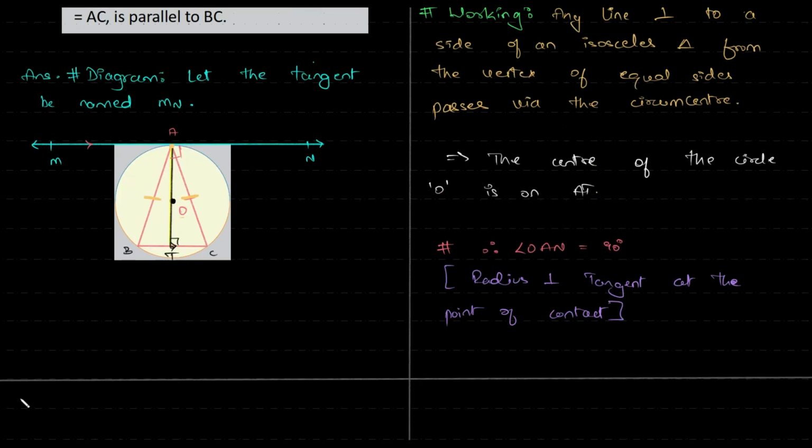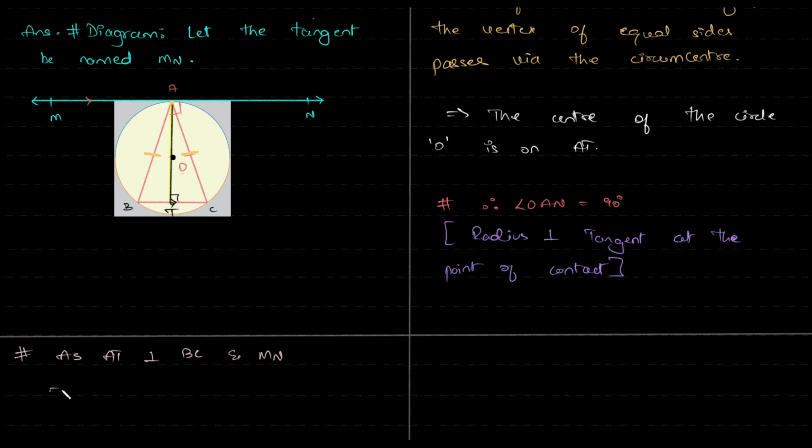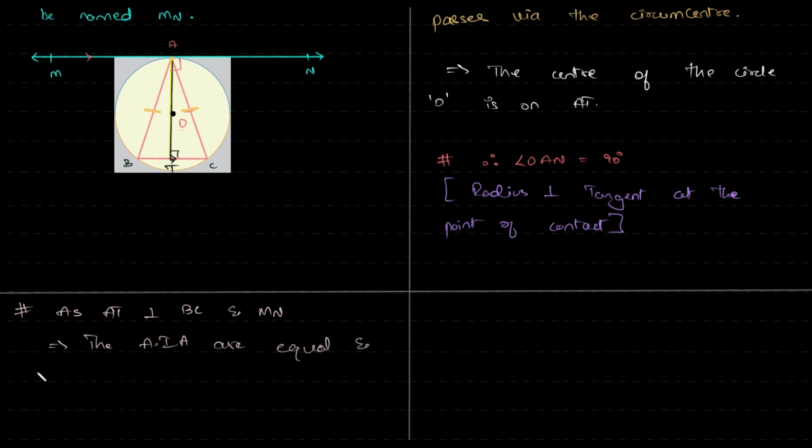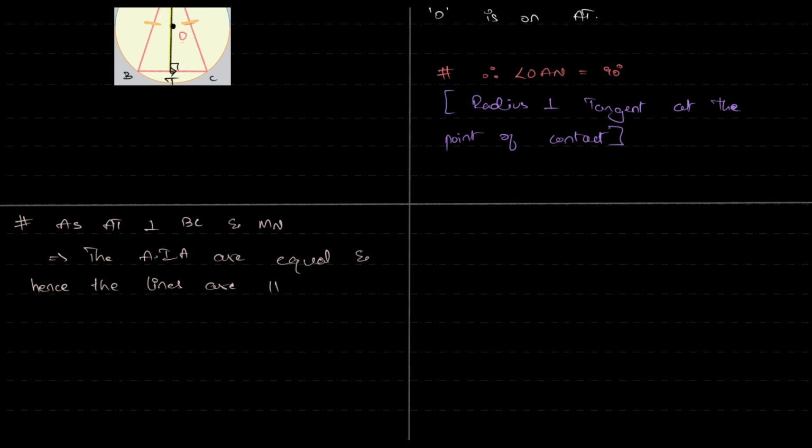So as AT is perpendicular to BC and MN, this implies the alternate interior angles are equal, and hence the lines are parallel. Thus the statement is true.